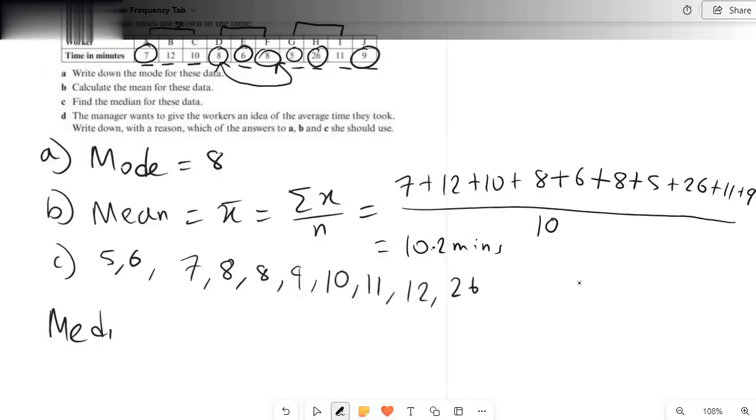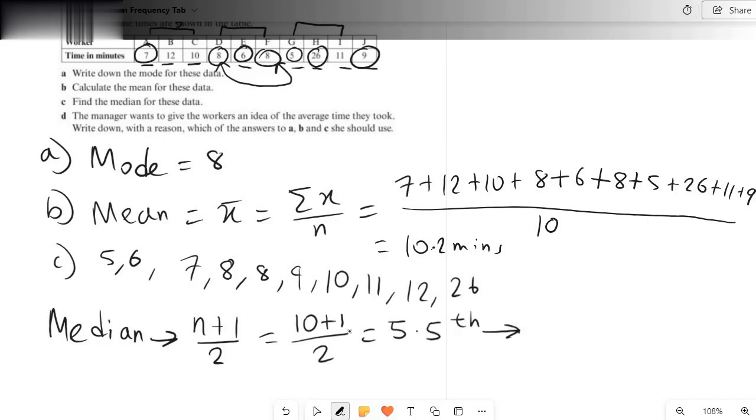We know from our last video, the median is going to lie in the (n + 1) / 2 term. So (10 + 1) / 2 is going to be 11/2 or 5.5, meaning the median is going to be the average of the fifth and the sixth term.